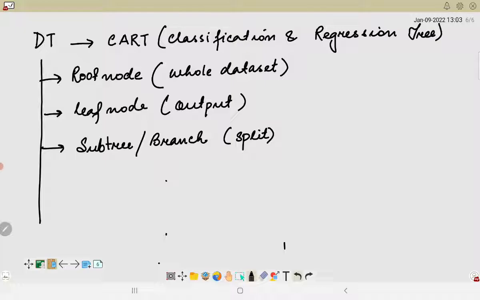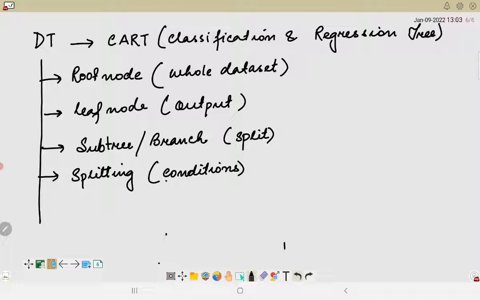Then we have to understand what is splitting. Splitting basically is breaking down of the entire data set or the decision node or root node into subnodes according to given conditions. So splitting essentially will have conditions associated with it.